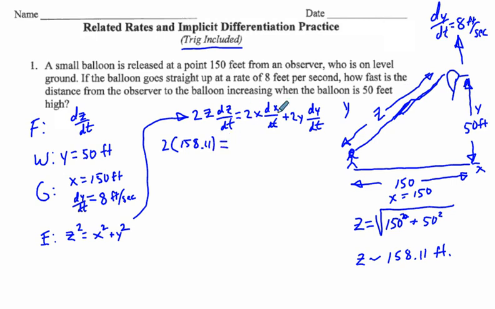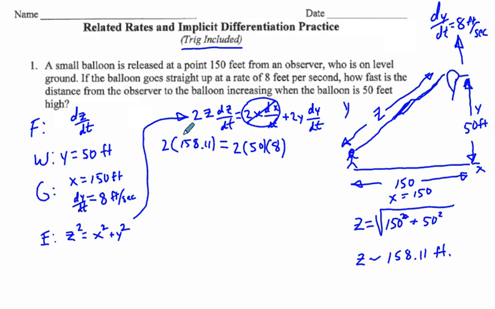equals 2x. Well, x is 150, but there's no dx dt. There's no movement in the x direction. So this whole thing here is going to be zeroed out. So we're left with 2y, and y is 50 feet, and then times dy dt, which is 8 feet per second.